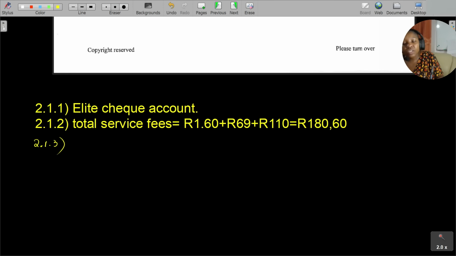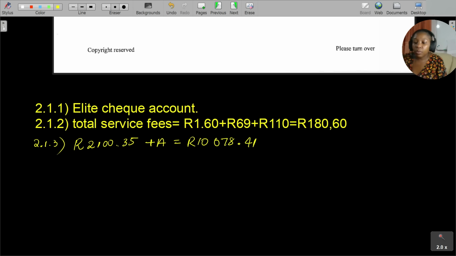To get the net salary, we are going to take the 2,135, plus A, and this should give us 10,078.41. All that we want to do here is solve for A.